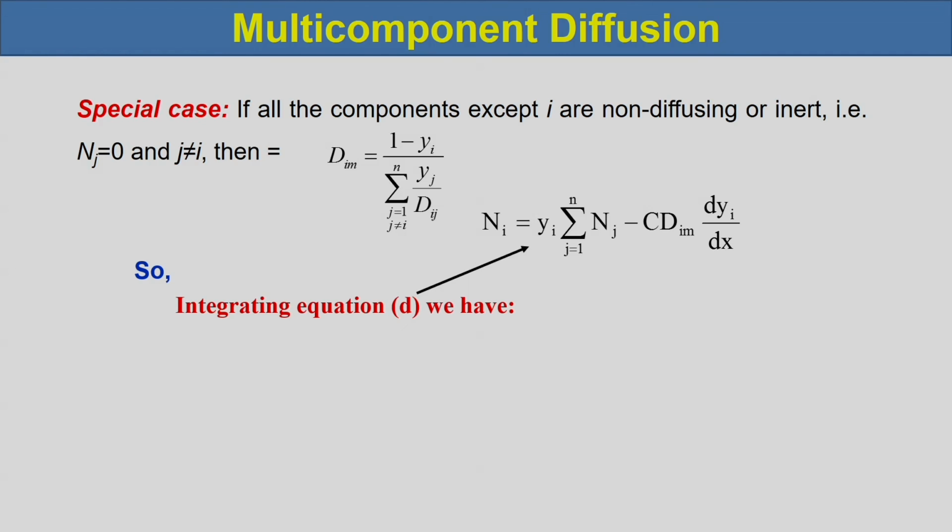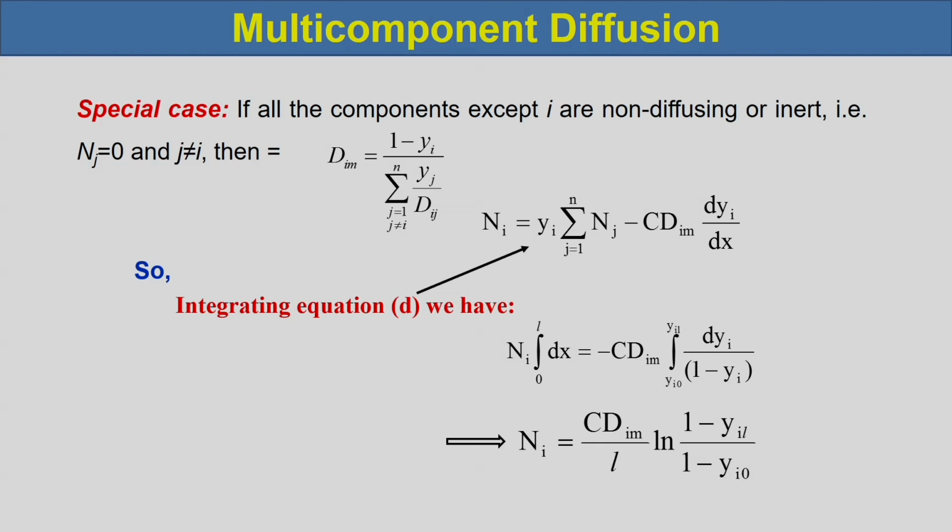So, integrating equation D, Ni equals Yi times the summation over j equal to 1 to n of Nj, minus C D_im dYi/dx. Integrating this equation, we have Ni integral from 0 to L dx equal to minus C D_im integral from Yi0 to YiL of dYi divided by (1 minus Yi).